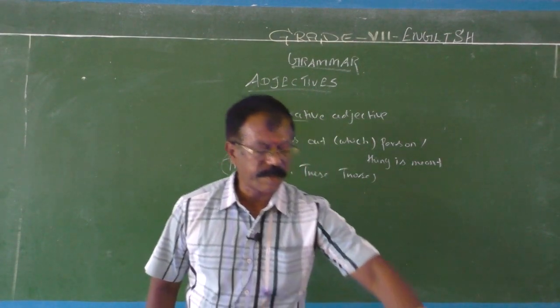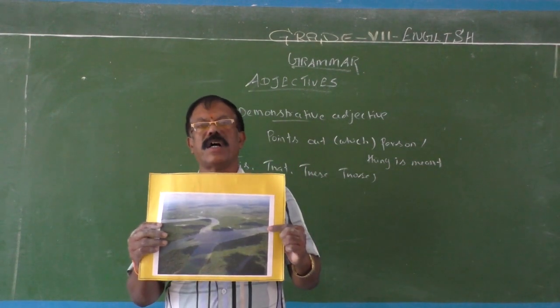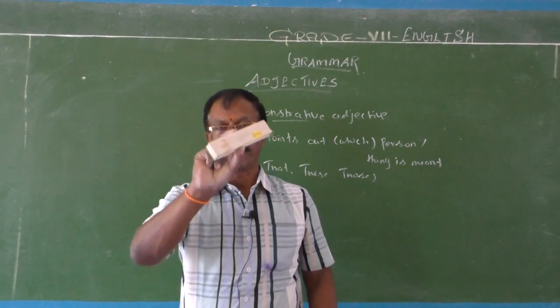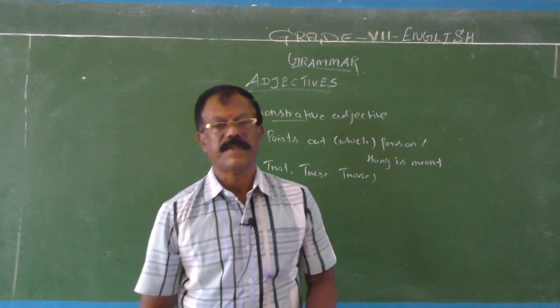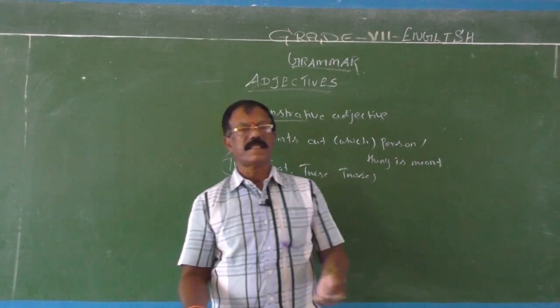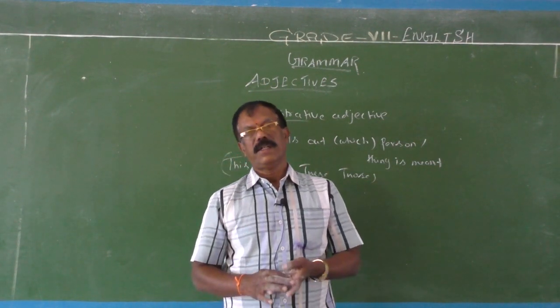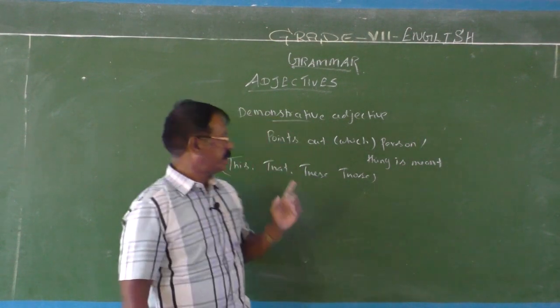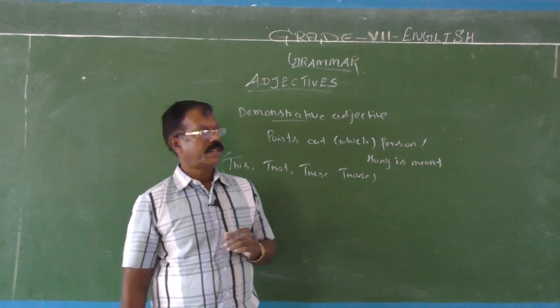See, this is a picture chart. This is a duster. This is a book. So these things are nearer to me. When an object is nearer to me, I will use this to refer to it.